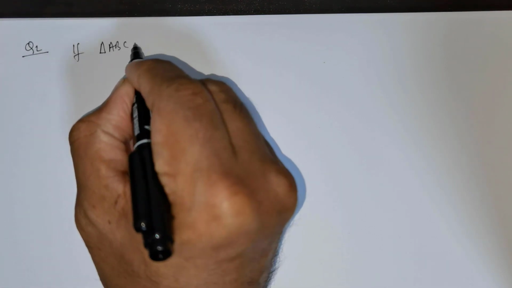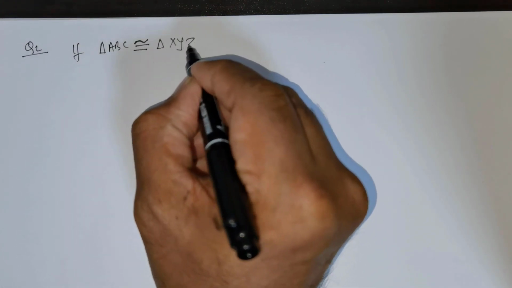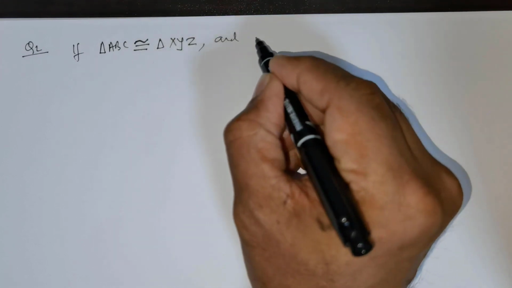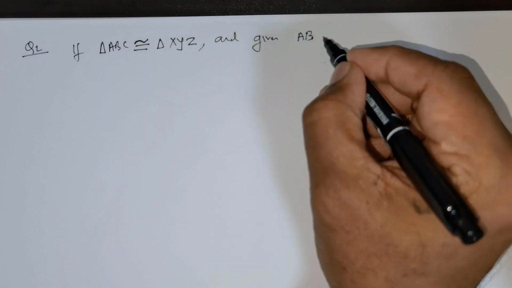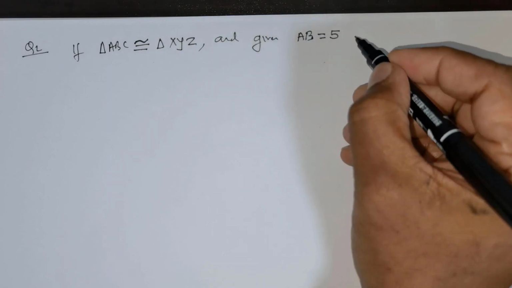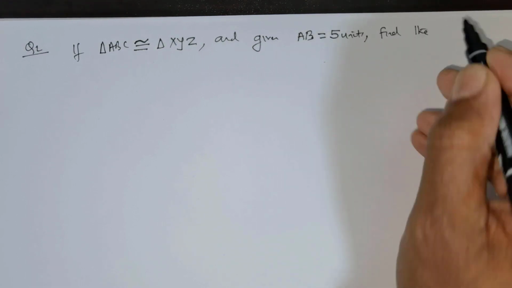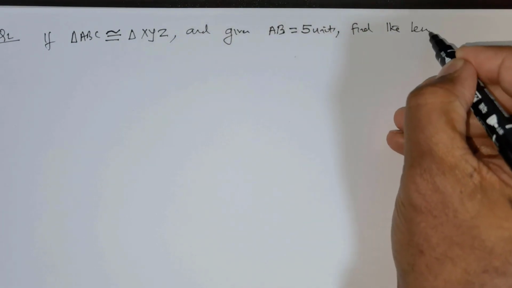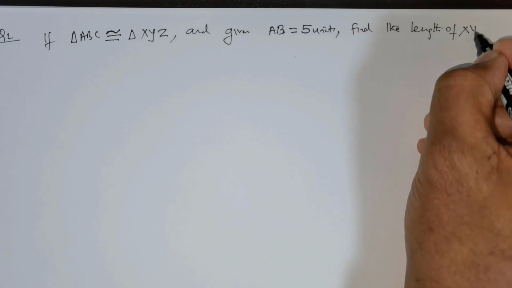Students, we have a beautiful question. Let me state that question. This is question number 2. If triangle ABC is congruent to triangle XYZ and given AB equals 5 units, find the length of, say, XY.